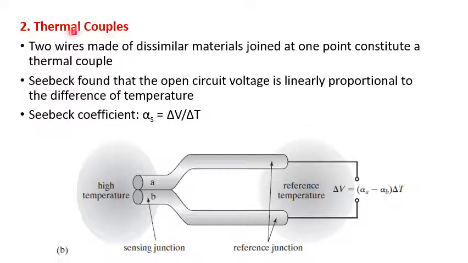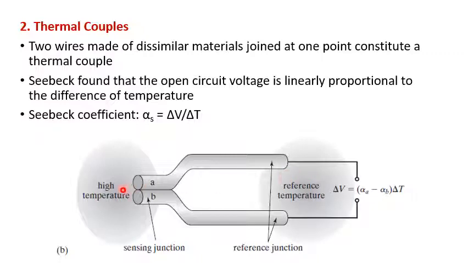The second kind of thermal sensor is a thermocouple. A thermocouple is made by two wires of dissimilar materials joined together at one point. So this kind of arrangement constitutes a thermocouple. It is used to measure the temperature difference between the joined sensing junction and the reference junction.